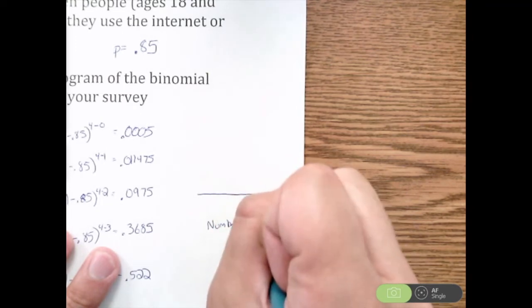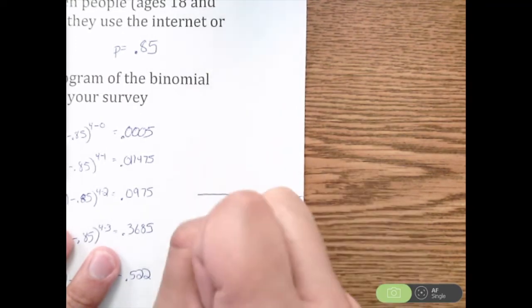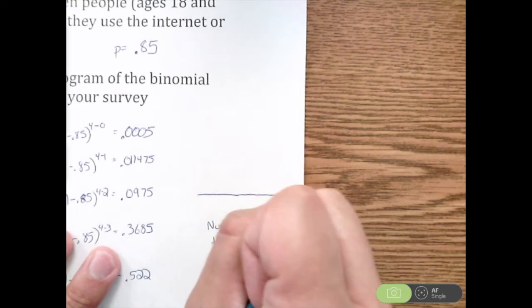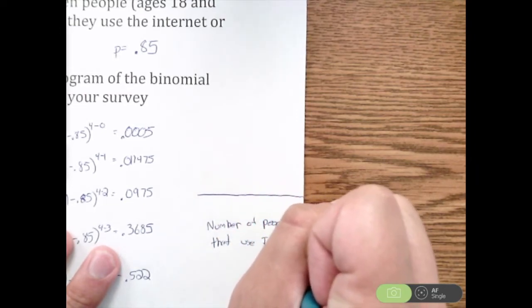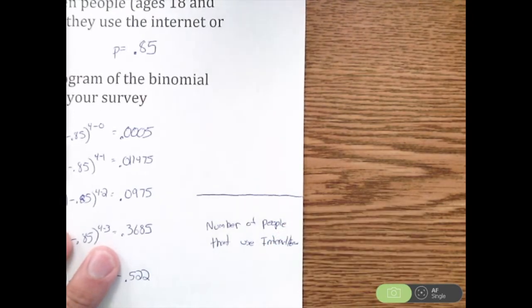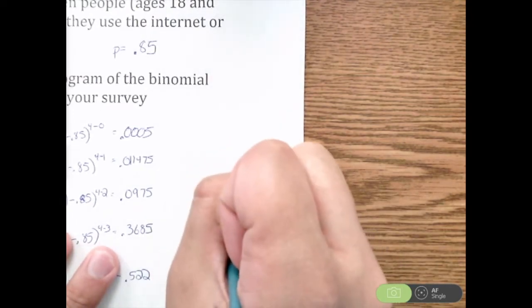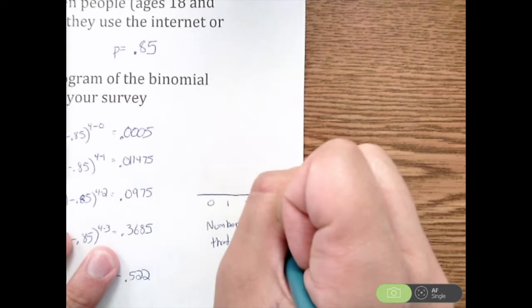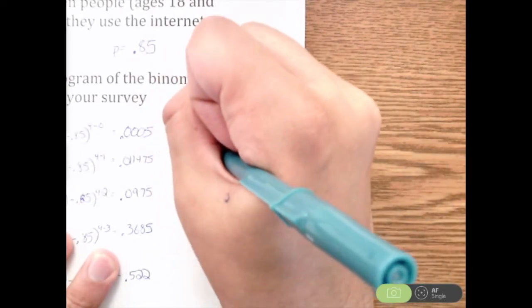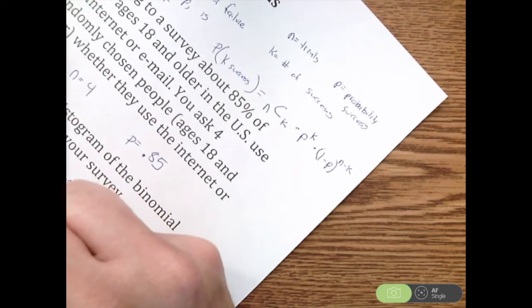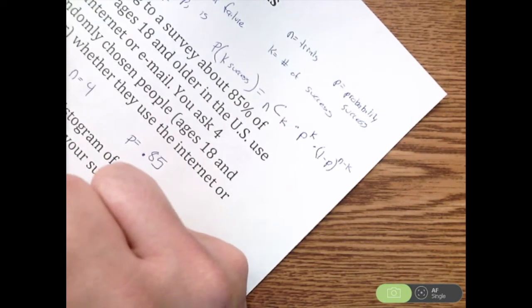So for the x value, or the bottom of this graph, I'm going to use the number of people that use internet or email. And it could be 0, 1, 2, 3, or 4. And what we're going to have as our y-axis is the probability of this happening.